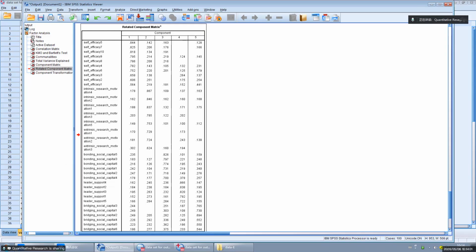So in the following data analysis, you cannot treat intrinsic and extrinsic as separate factors or separate constructs. No. It's very simple.